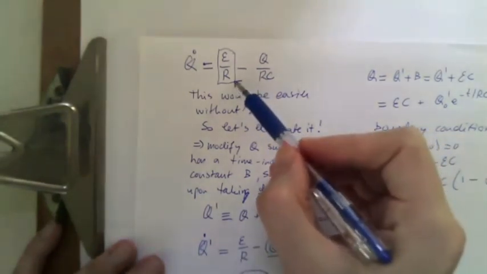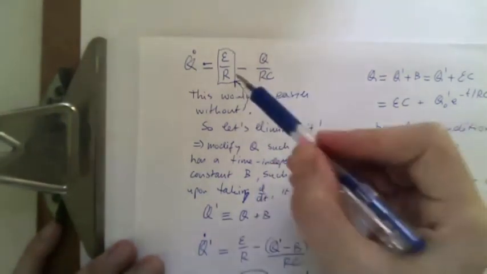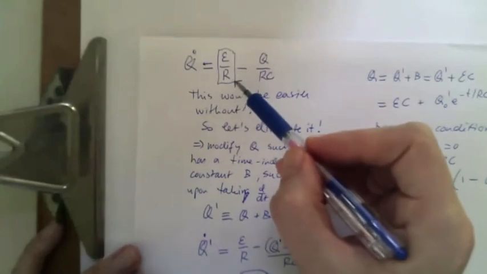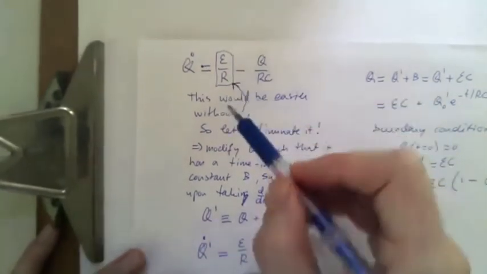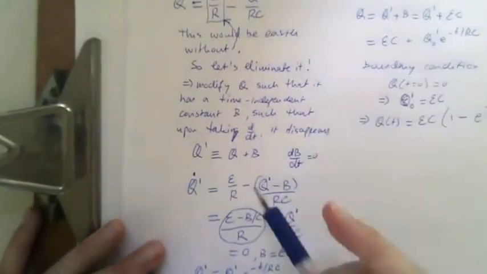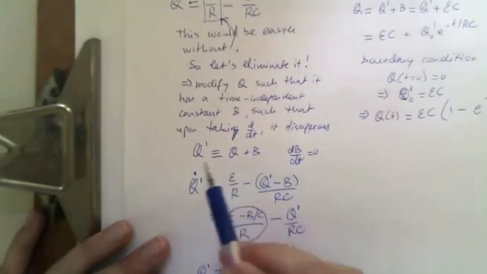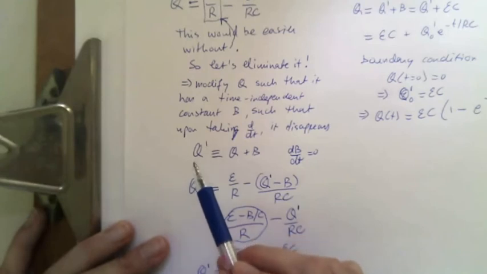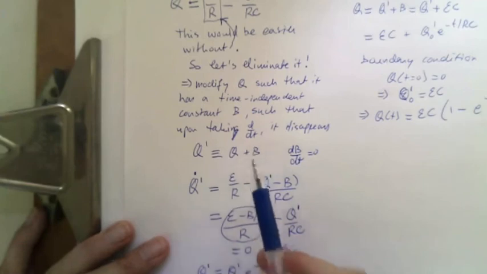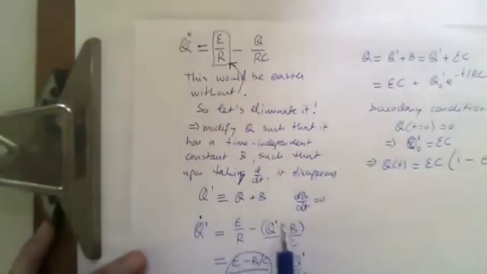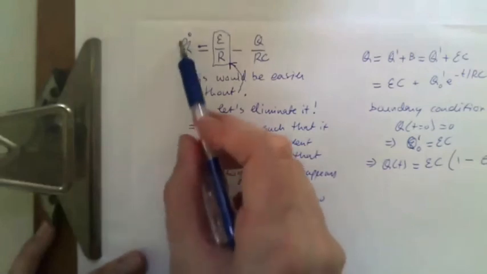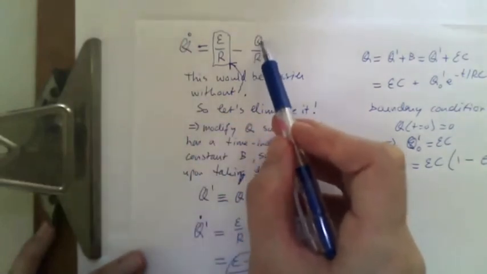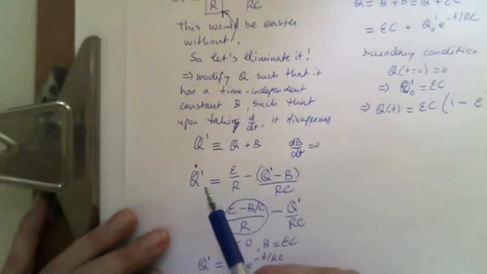The thing that makes it a little bit trickier is getting rid of this E over R. It's not too hard to get rid of that because you can just make a new variable or a new function q prime, and then that q prime is going to have that extra b, such that when you take the derivative, that b is going to drop out. So you substitute that in there.